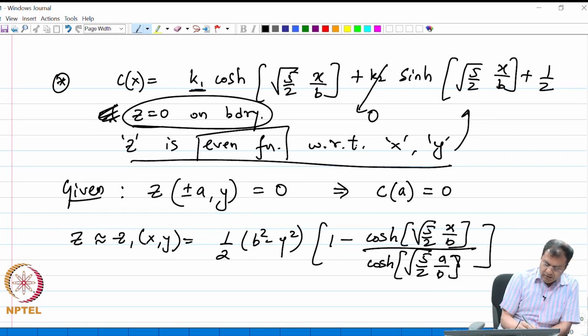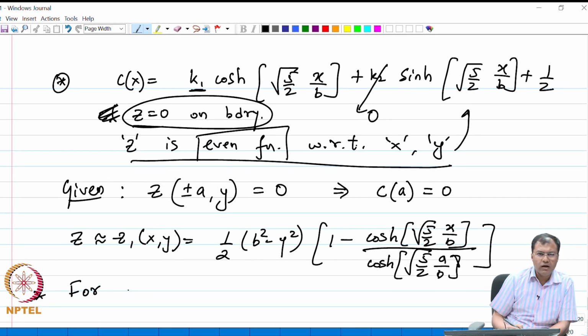Now, I end my discussion here by mentioning that we could possibly use more and more approximation for a better resolution.